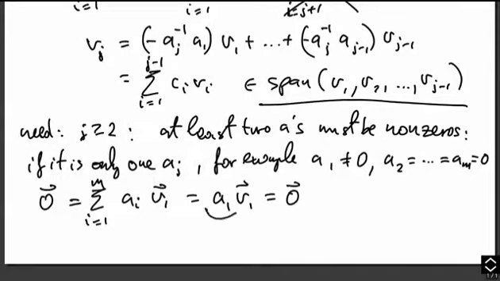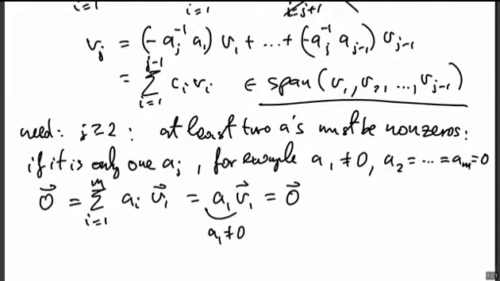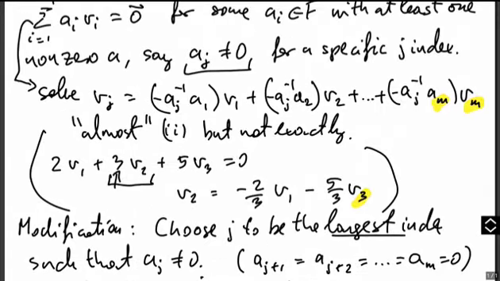And we know that a1 is not 0, but then we had theorem 2.2.1 saying that if a scalar product of a vector is 0, then either the scalar is 0 or the vector is 0. So if the scalar is not 0, that means that the vector v1 must be 0, which contradicts the fact that none of the vectors are supposed to be zero.